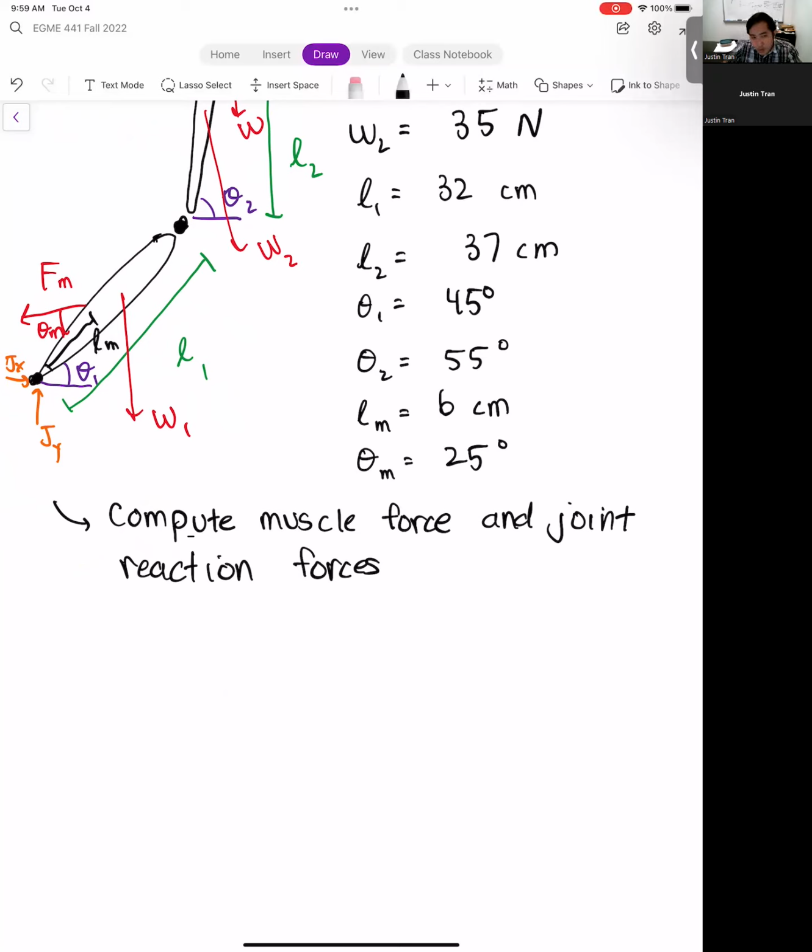And so if we sum the moments around that point, then we know that Jx and Jy are not going to contribute to our moment equation.